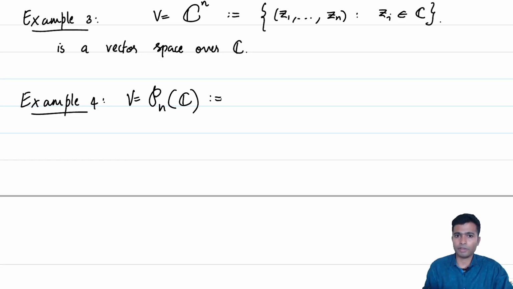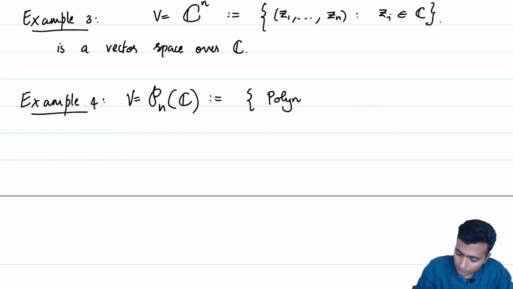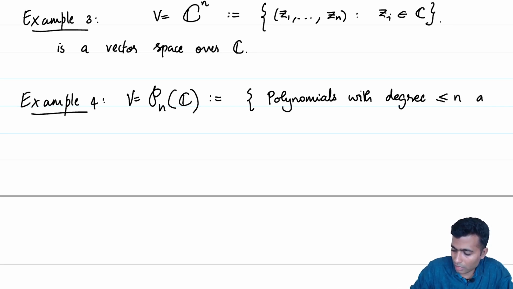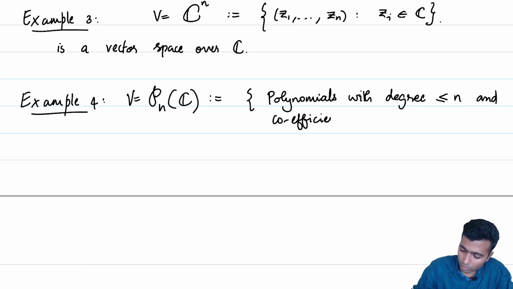However, this time we are going to have coefficients from complex numbers. So polynomials with degree less than or equal to n, and coefficients in C.